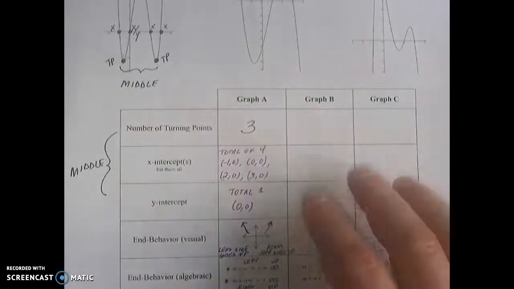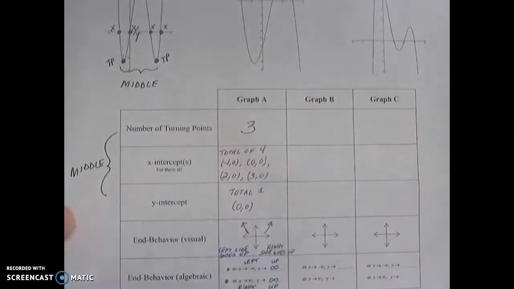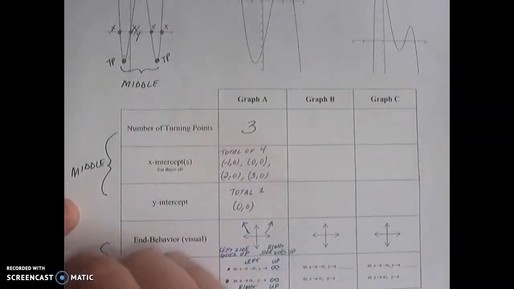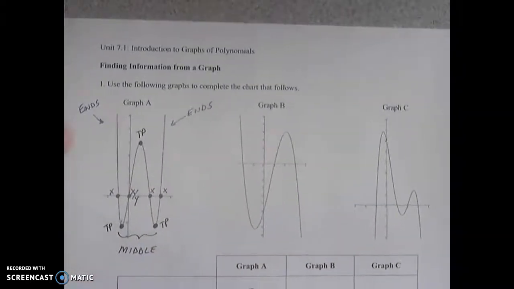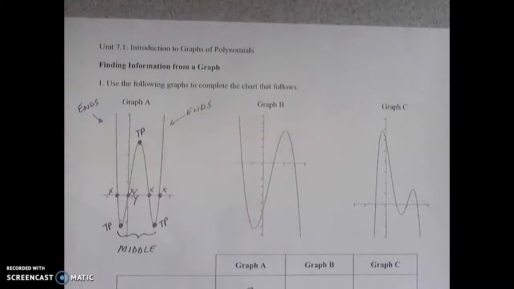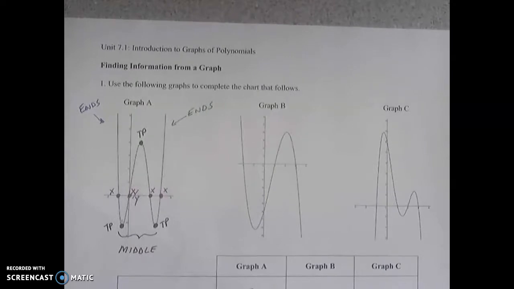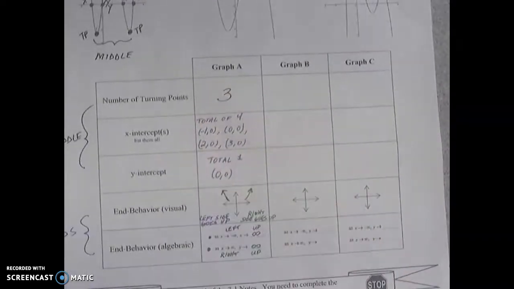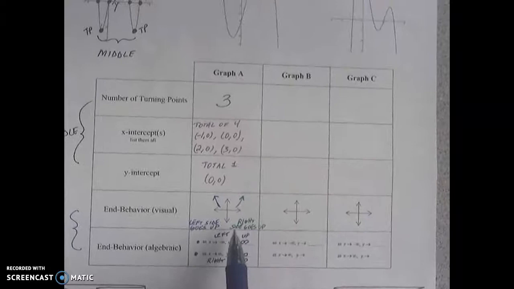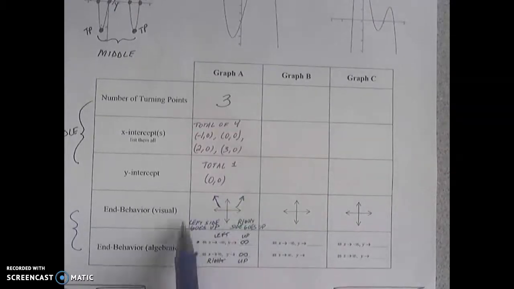And then the ends of our graph, being what's happening on the left side and the right side of our graph, as it goes off to infinity or negative infinity, all the way left, all the way right. Is it going up or is it going down? And we listed those things down here in our bottom two rows. Okay? This is the visual, this is the verbal, this is the algebraic representation of those.